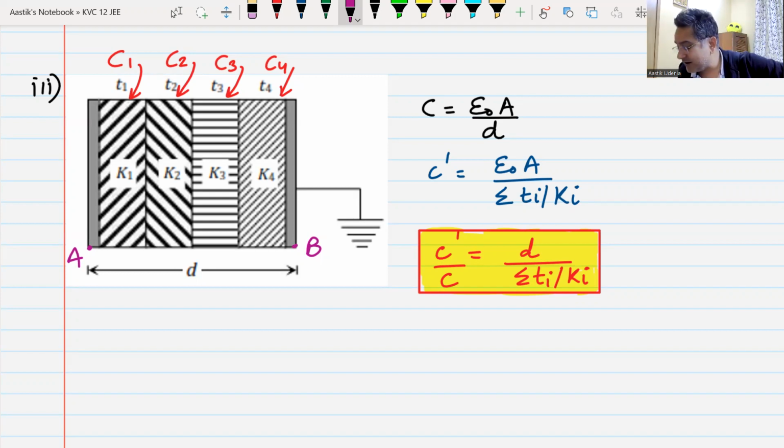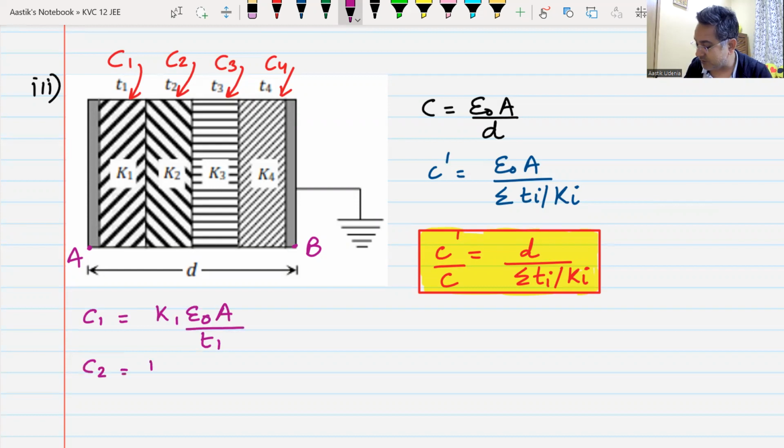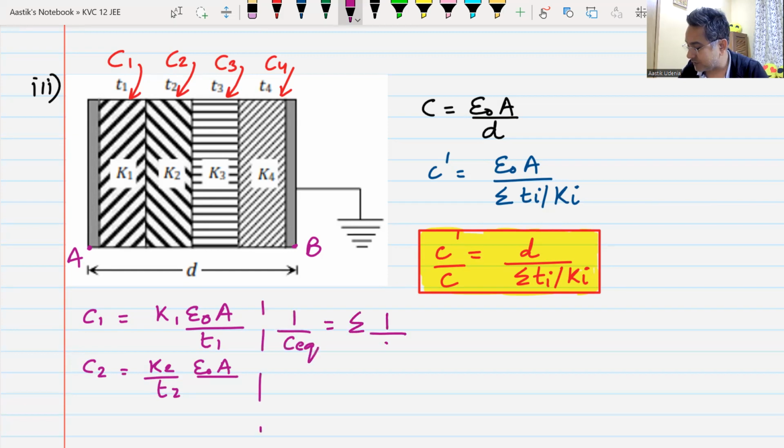You could have found out the value of C1. Let me just write the value of C1 here. C1 will be equal to K1 into epsilon naught A divided by T1. Do you understand how I got this value? Yes, sir. Similarly, your C2 would have been K2 by T2 into epsilon naught A. And similarly, you could have found out the value of individual capacitance, and your 1 by C equivalent will be equal to summation of 1 by Ci.